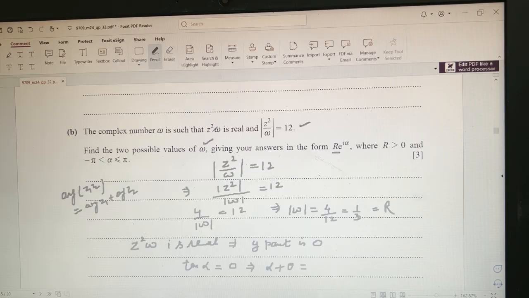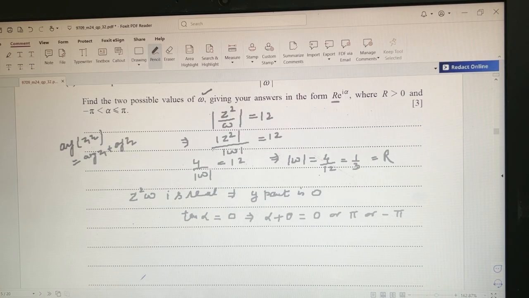Here we have the product of z square and omega. We know the argument of z square is theta from the previous part and the argument of omega is alpha. So I'm making this condition now that alpha plus theta may be 0 or pi or negative pi as well. Now we have theta already. Theta is negative pi by 3 from the first part.